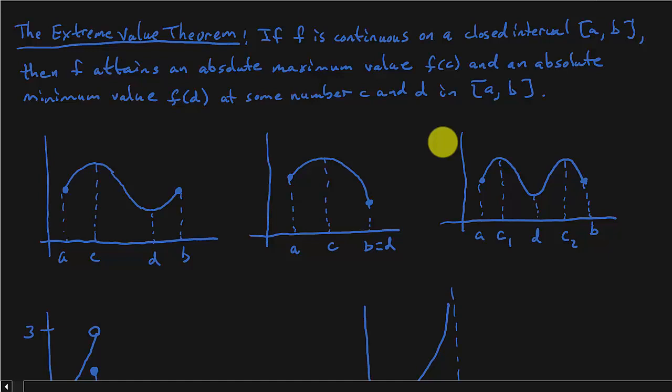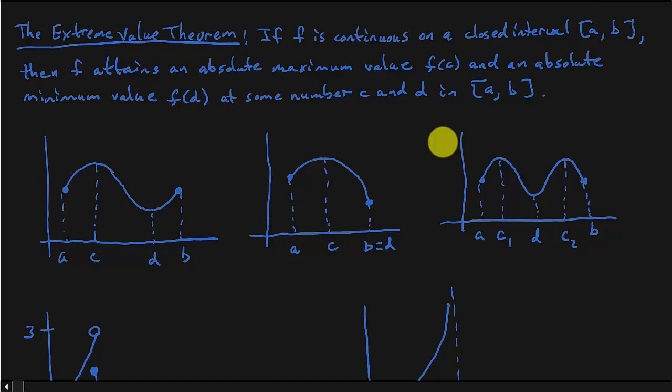So if f is continuous on a closed interval AB, so closed interval, that means the A and the B is included, then f attains an absolute maximum value, f of c, and, notice that, an absolute minimum value, f of d, at some number c and d in the closed interval AB.